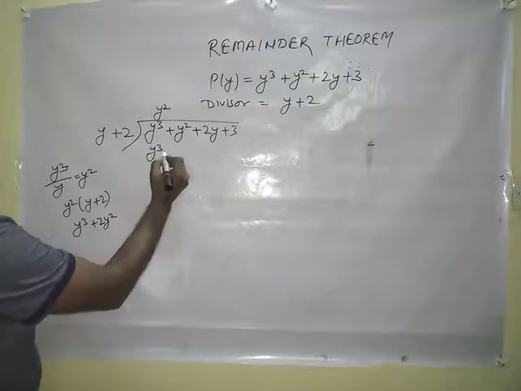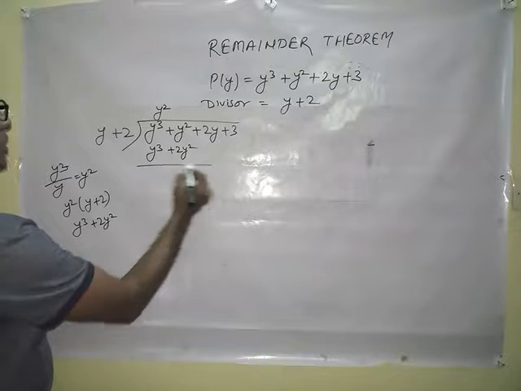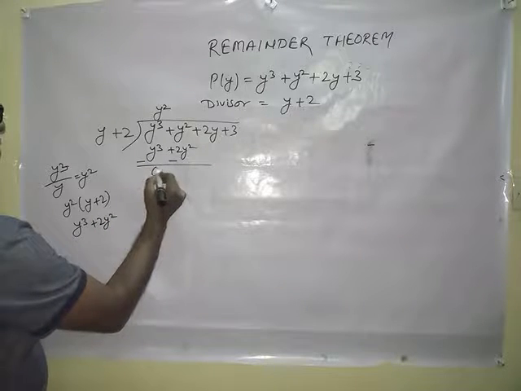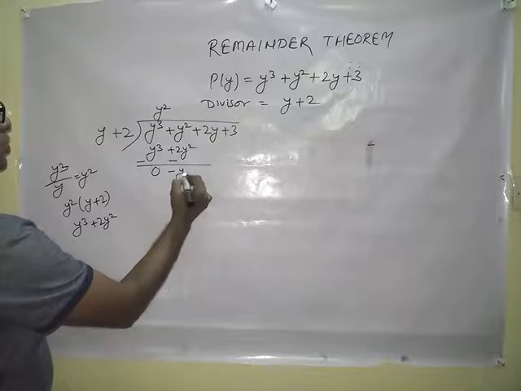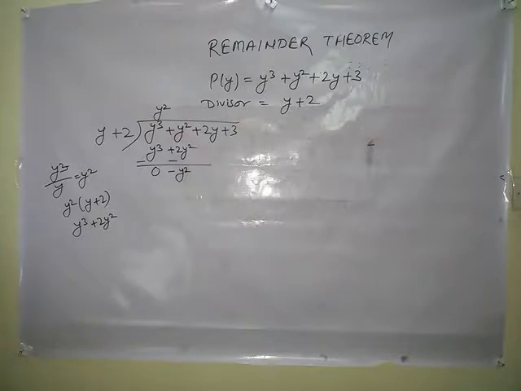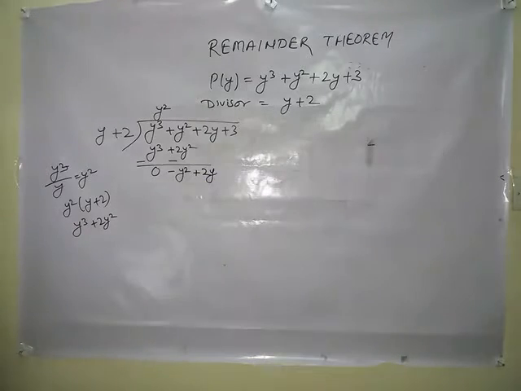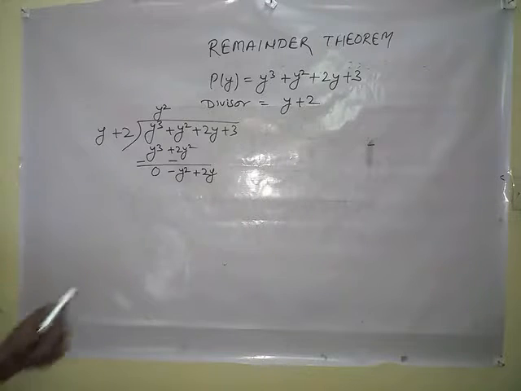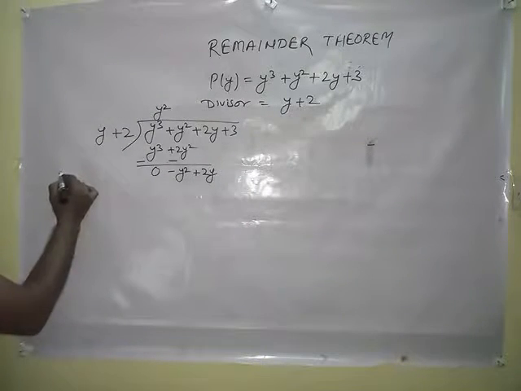So here it will be y cube plus 2y square. You will subtract it. Then y cube will become 0. y square minus 2y square is equal to minus y square. Bring down the 2y from the top. Now what will be the second term of the quotient?